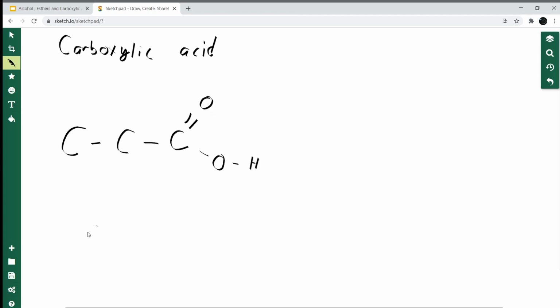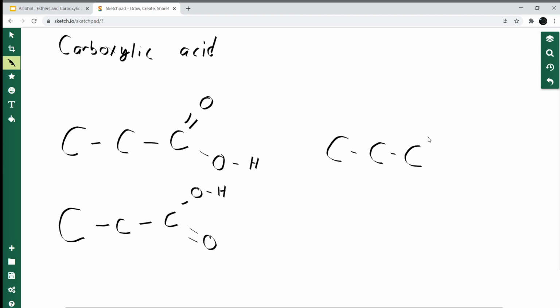Now this carboxylic acid does have two resonance structures. It can be drawn either way, or you can say that it has the full resonance structure.